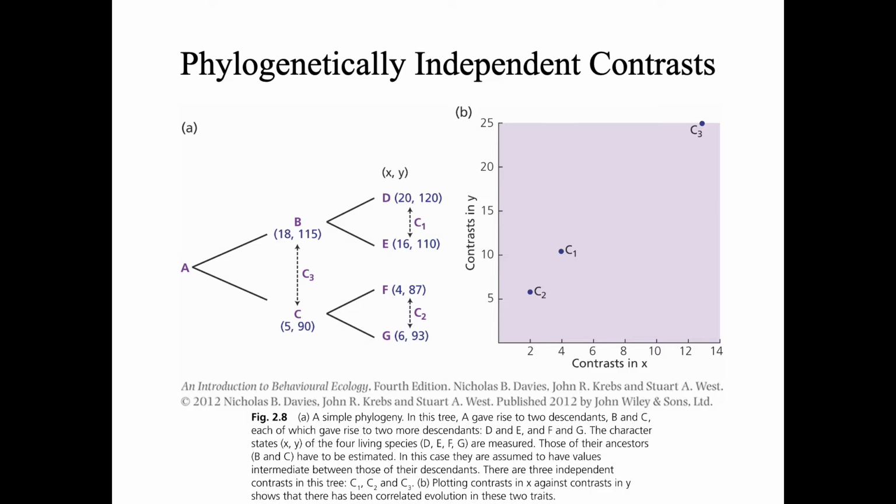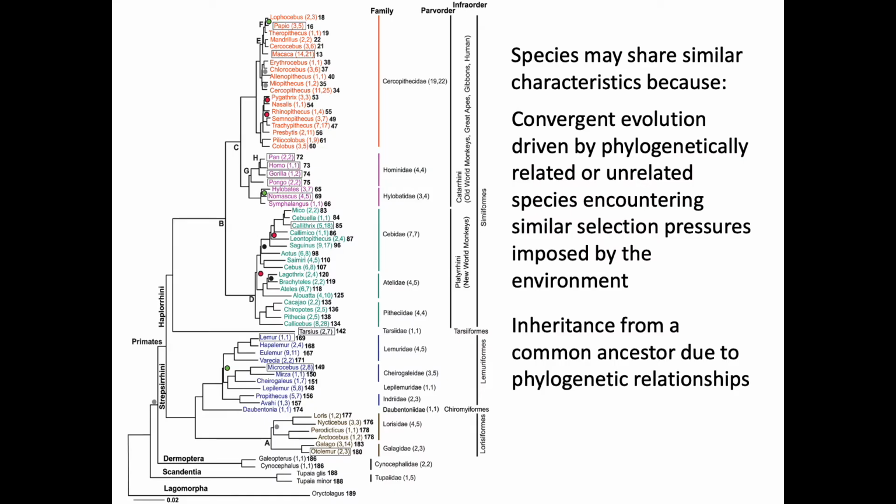So if we were going back to these guys, you could do independent contrast between pan and homo, and then between the common ancestor of pan and homo and the gorilla, and then between the common ancestor of pan, homo, and gorilla with the pongo. And at each of those points, there would be a contrast between those.